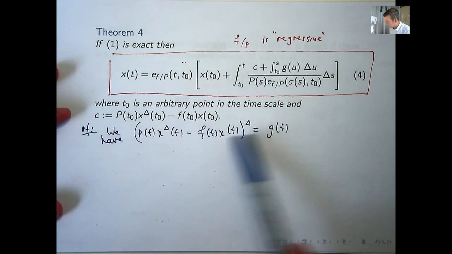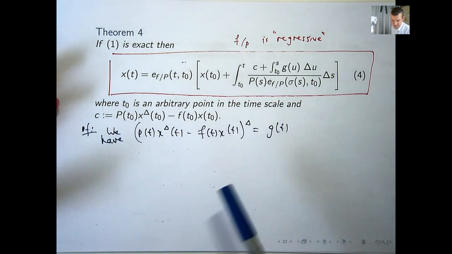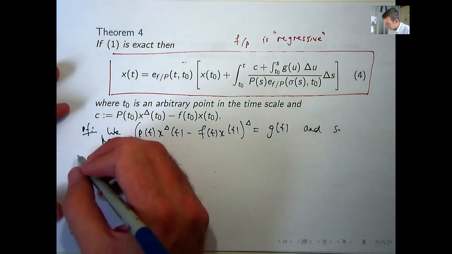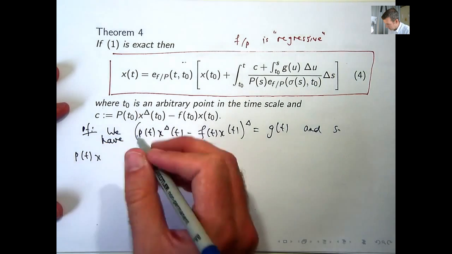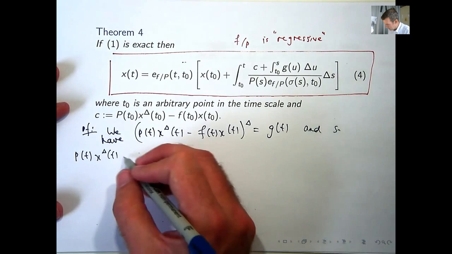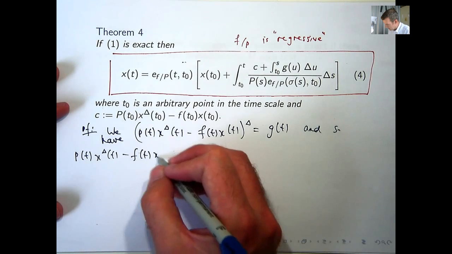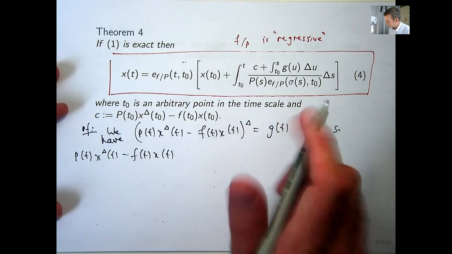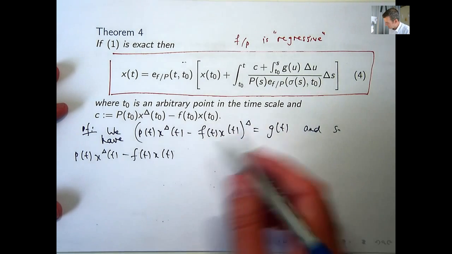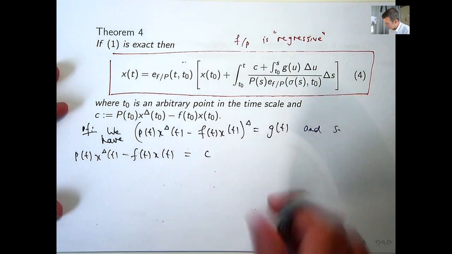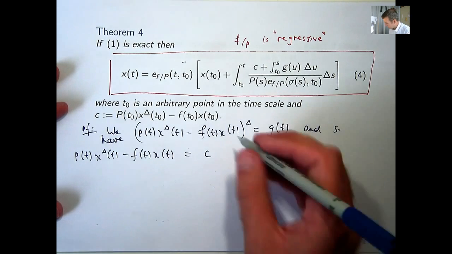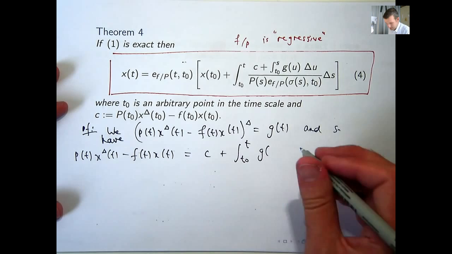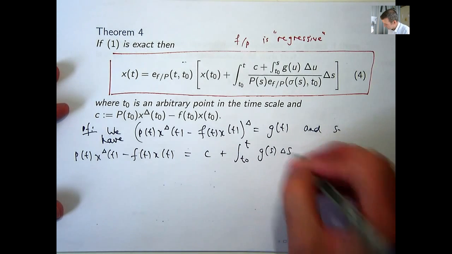So I can form a delta integral on both sides, say integrate from t0 to t, and so I get the following. Okay, so if I integrate both sides from t0 to t, then that'll be my first term, and using this c here and just rearranging it, I'll get the following. So let's go with dummy variable s here.